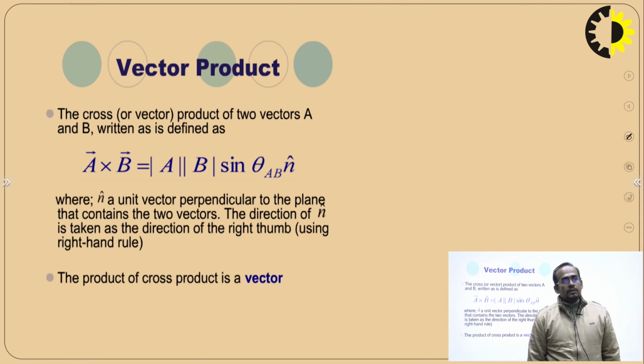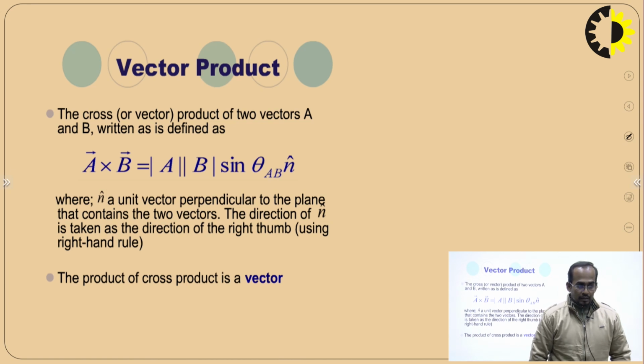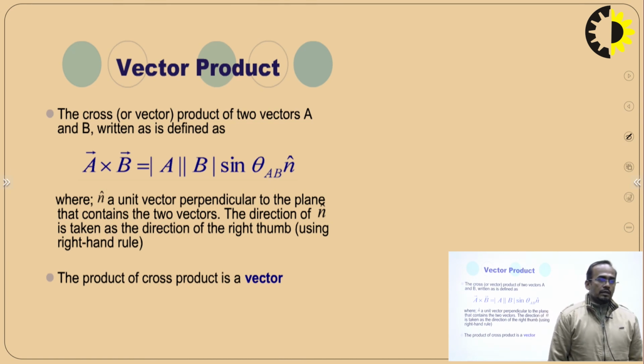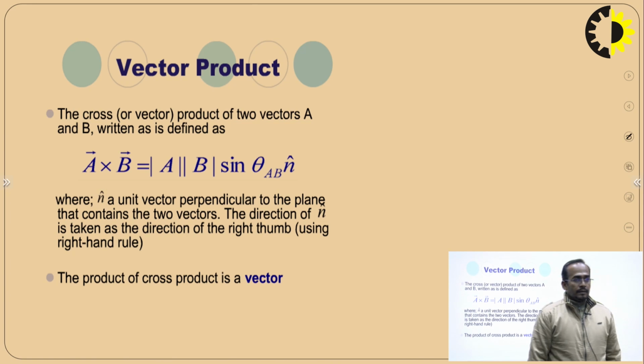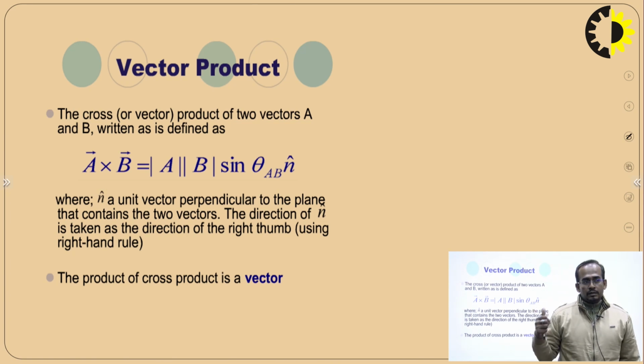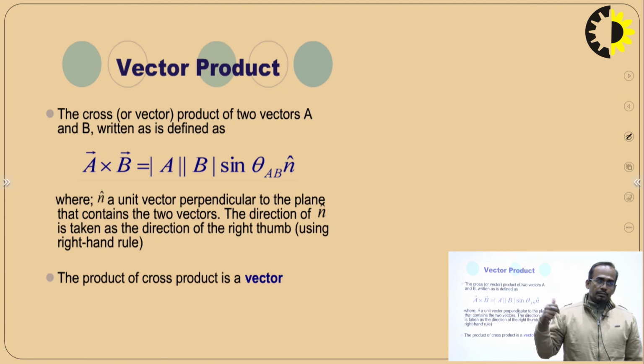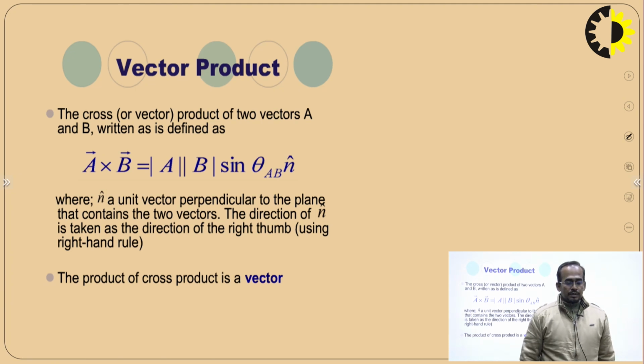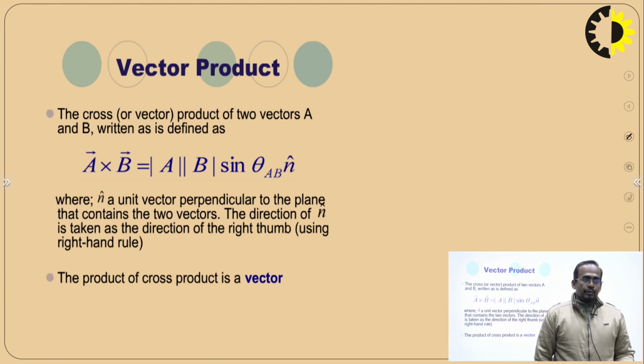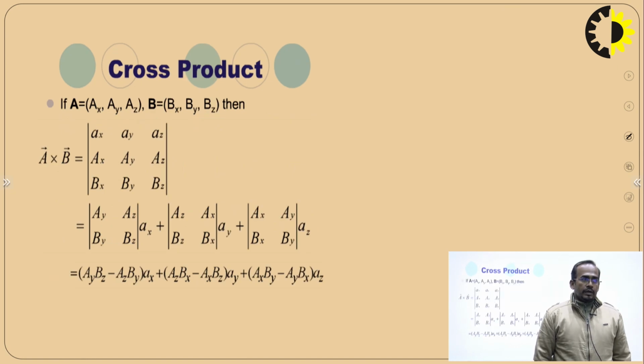So you can remember this: if I take the dot product of two vectors, I get a scalar quantity, and if I take the cross product of two vectors, I get a vector quantity.